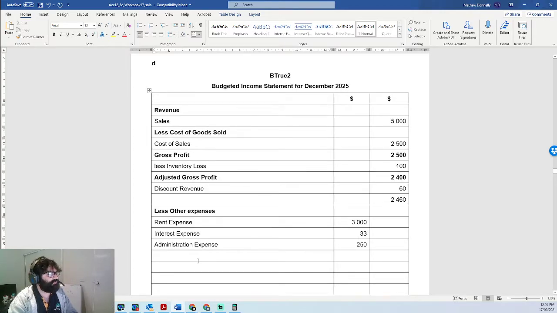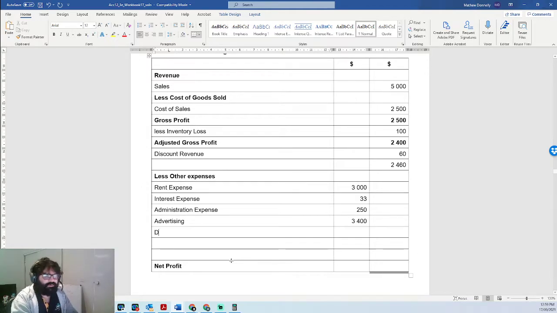That's our interest expense. We had advertising, which was one of the dot points in that group of inventory, administration, and so on. That's 3,400. Don't need to do any special calcs there. Now, there's 2 more. We've missed depreciation of laptop, and that's $40 per month.